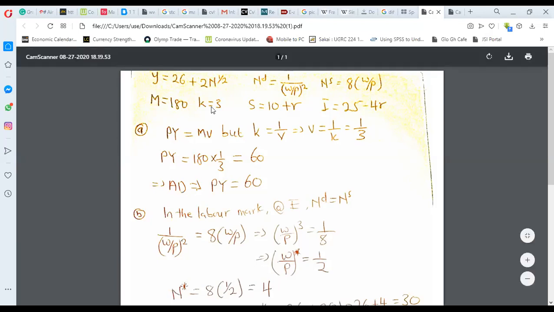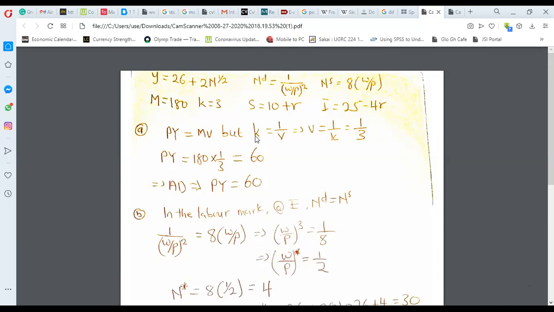All right. So this is the information that we have. Okay. And under this model, the AD curve is given by PY is equal to MV, or this can be written as M equals K times PY. No matter how you want to write it, you still arrive at the same answer. So PY is equal to MV, where this is our nominal output, price and then real output. This is money supply. This is the velocity of money.